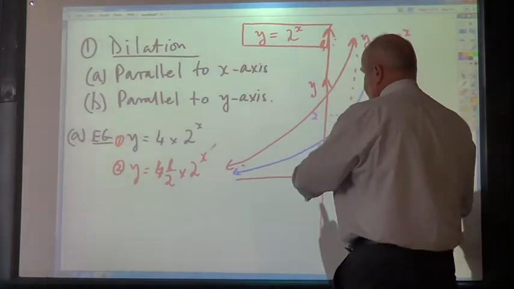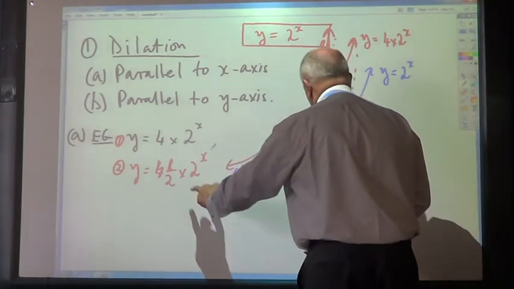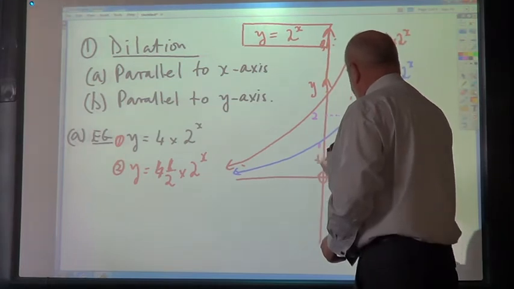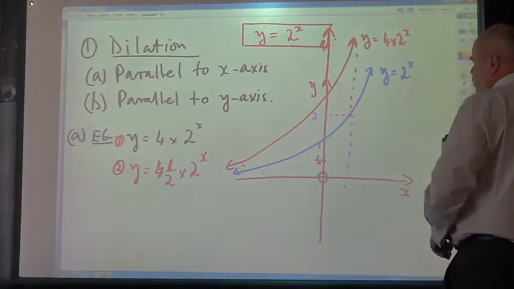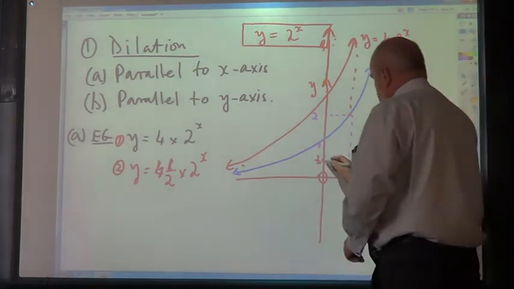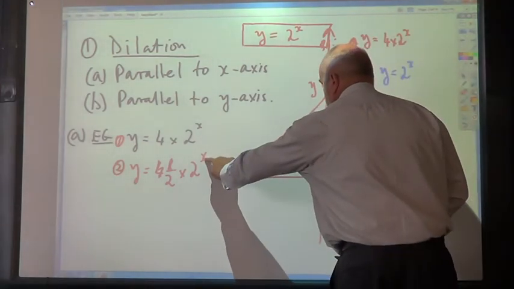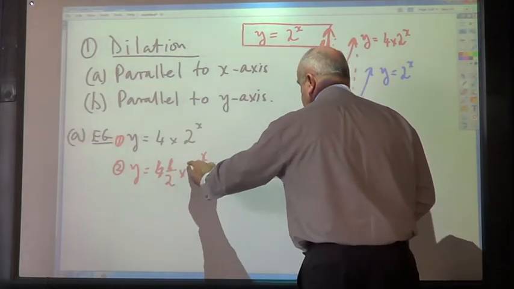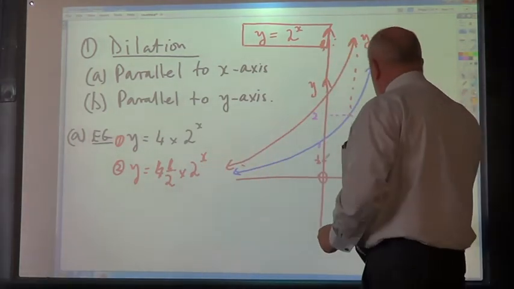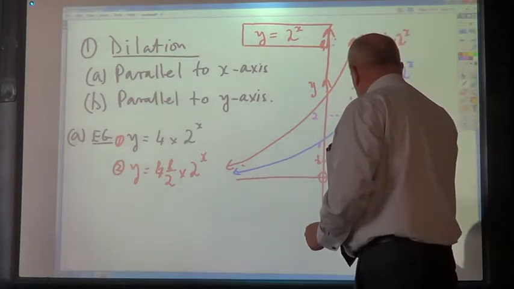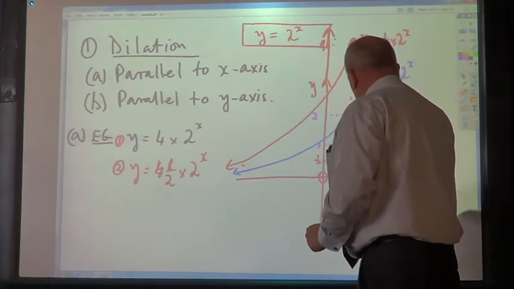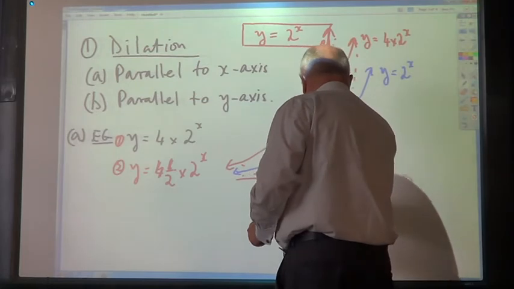When x is 0, what have I got? y equal to 1/2. So I can put that in like so. That's one plot point. When x is 1, 2 to the power of 1 is 2, a half of 2 is 1. So I've got another plot point about there. Okay?